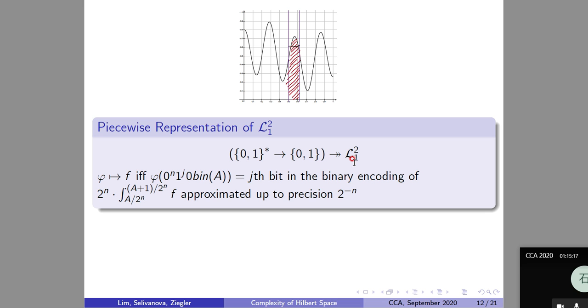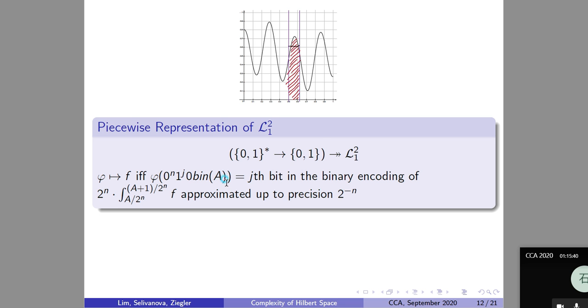And the piecewise representation of L2 is defined in this way using the string predicate in a similar manner. N is the precision parameter, J is just the bit position. J exists because we are not doing this with the string function representation, but the string predicate representation.